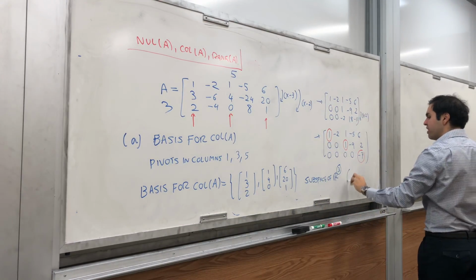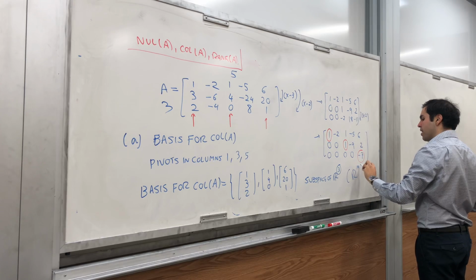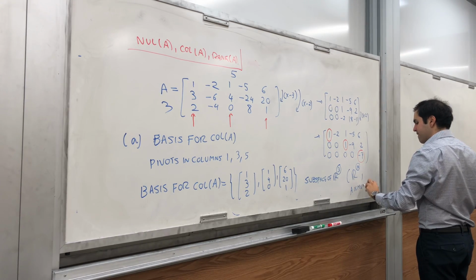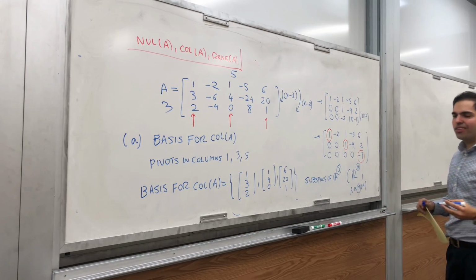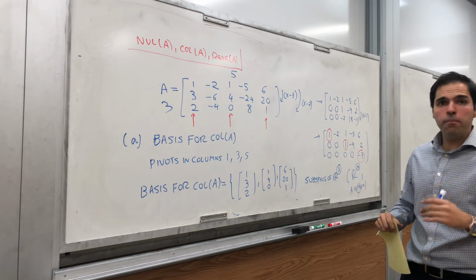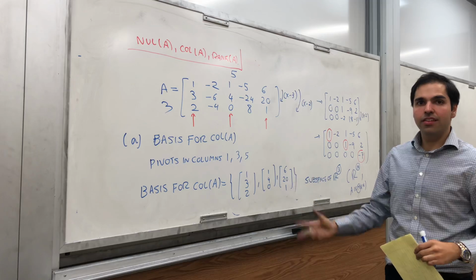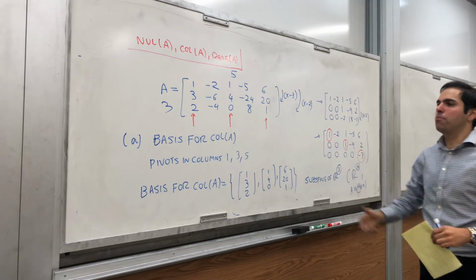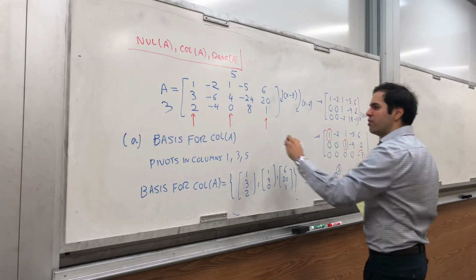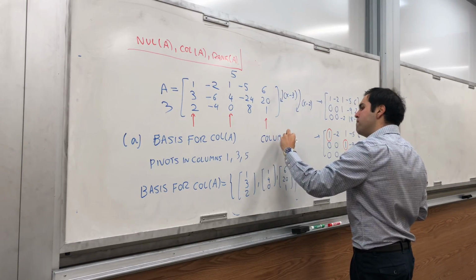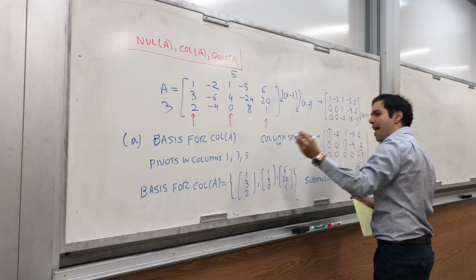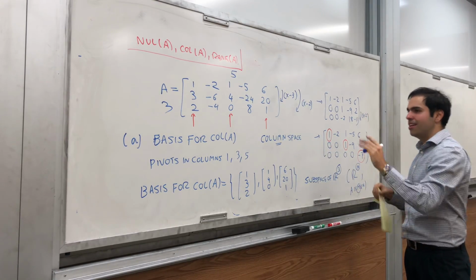So in general, it's a subspace of Rm, where A is m by n. And I like to think of it in terms of input and output. So column space deals with outputs. Or another way to remember this, we have column space, M as in column.